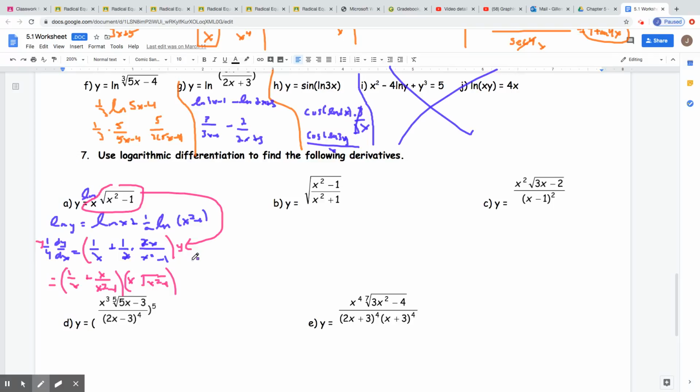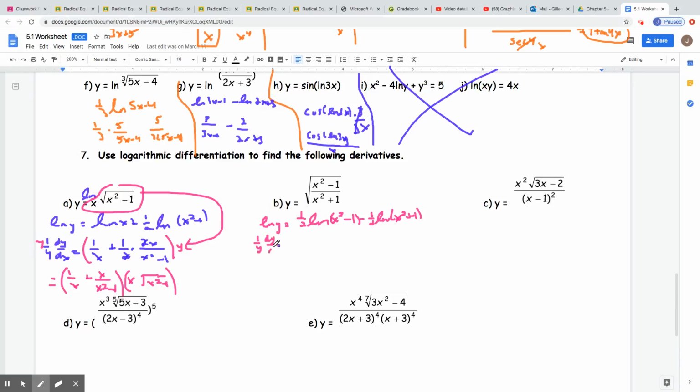All right, for part B, this is take the natural log of both sides. So I get the natural log of y equals 1/2 natural log of x squared minus 1 minus 1/2 natural log of x squared plus 1. This is always going to end up being 1 over y dy over dx.